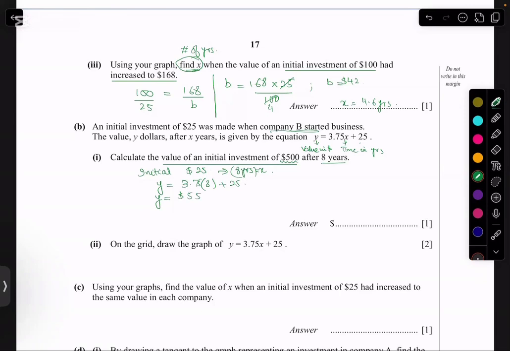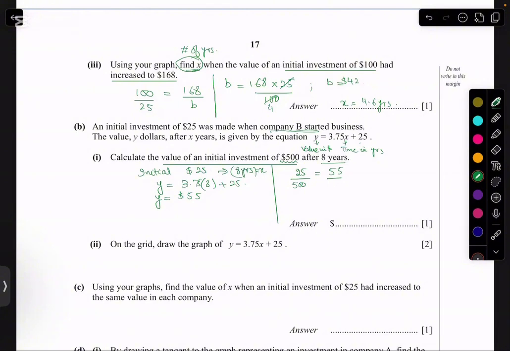मतलब अगर किसी ने $25 invest किया है initially, तो after 8 years this person will be getting $55. तो अगर कोई 500 invest करता है, so again what I will be using here is the comparison or the ratio method. Now I'm saying 25 की investment के साथ after 8 years this person is getting 55. तो अगर किसी ने 500 invest किया है तो 500 की amount क्या होगी?